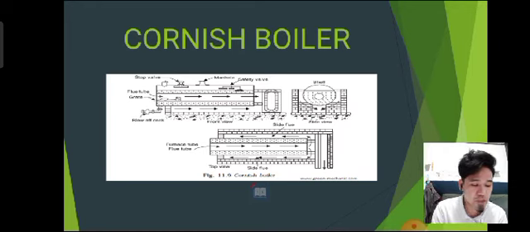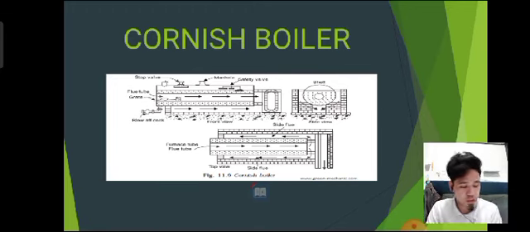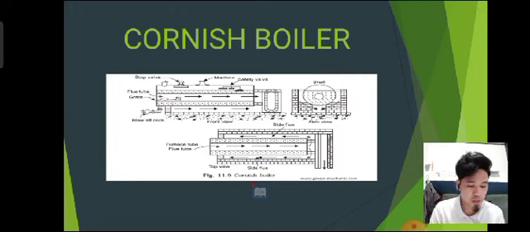That is the difference between the Lancashire boiler and the Cornish boiler. The steam generation rate is 1.3 tons per hour, much less than the Lancashire boiler, and pressure is 12 bar.